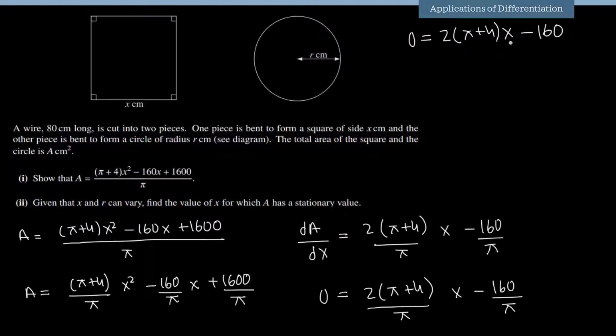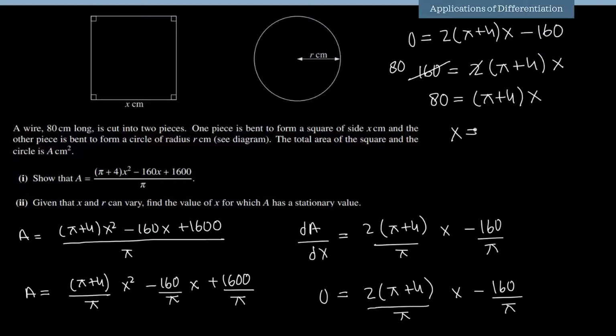This equation has only one variable, that is x, so I can solve this equation for x, and I'll get 160 is equal to 2 times (pi plus 4) times x. Dividing this equation by 2 would give me 80 is equal to (pi plus 4) times x, and this gives me the value of x as 80 divided by (pi plus 4).